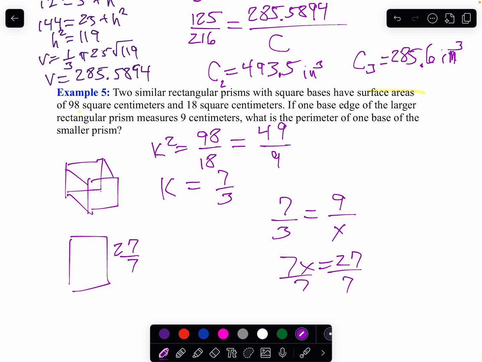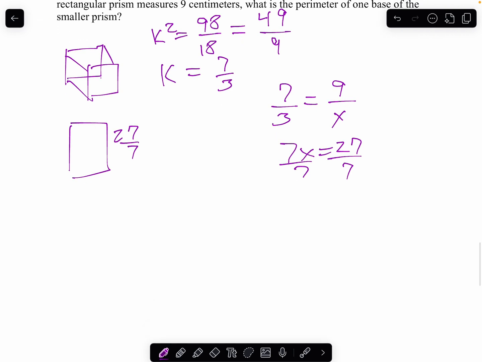So to find my perimeter, I'm going to say 27 over 7 times 4. And if I take 27 over 7 times 4, well, 7 doesn't go in there, so I'll take 27 times 4, and I'll divide that by 7.